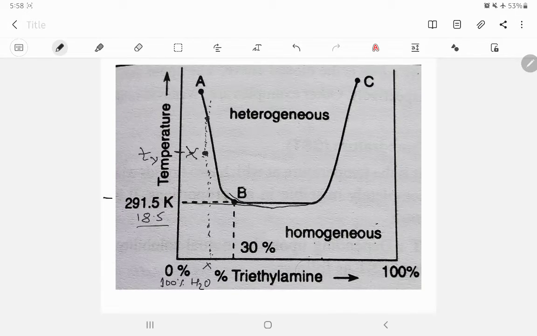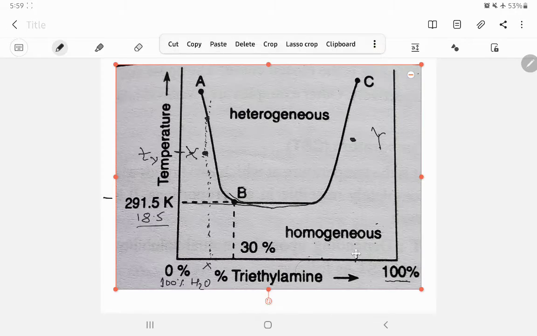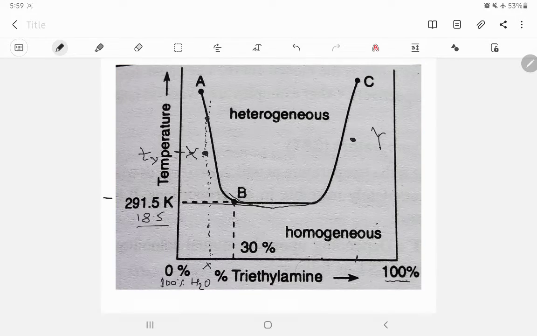Similarly, if we take any point on this side, suppose point Y, what does this point Y indicate? It is the unsaturated solution of water in triethylamine, because here triethylamine is 100%. The water percentage is low, here water may be 20%. 20% water and 80% triethylamine is denoted by Y. Then it is an unsaturated solution of water in triethylamine.